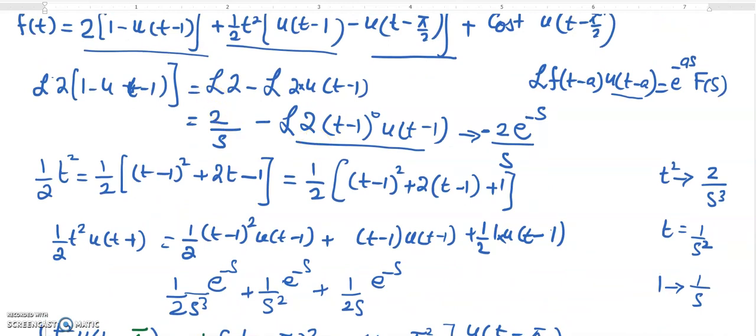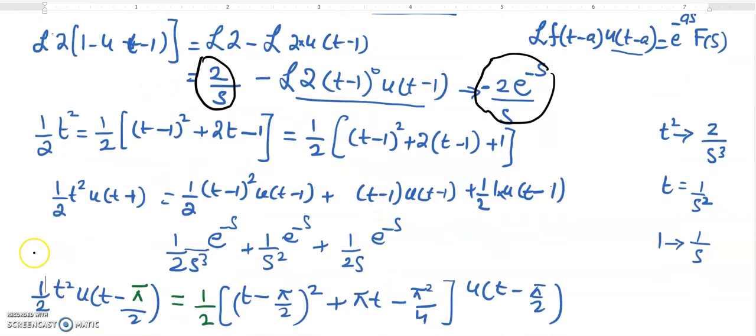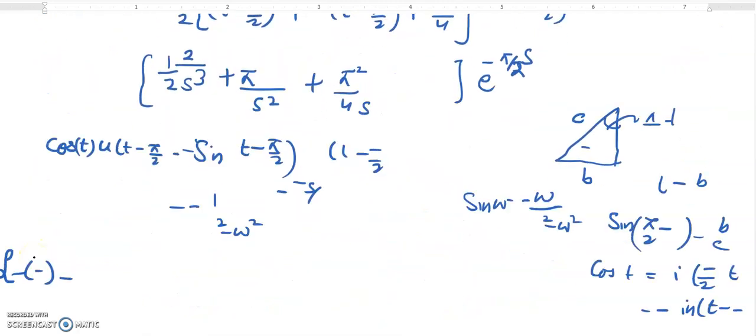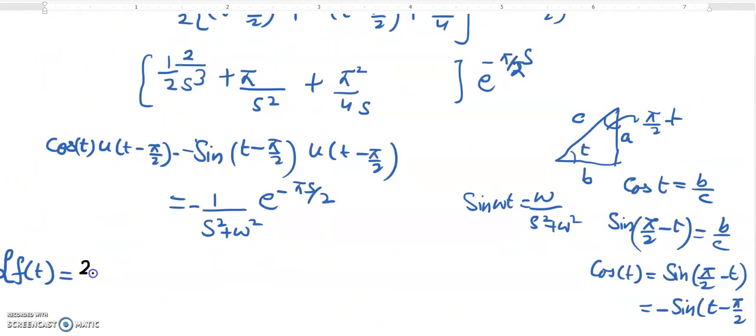One of the terms was this, and the other term is this. So it will be 2 over s minus 2 over s e power minus s, and then the next few terms were these terms.